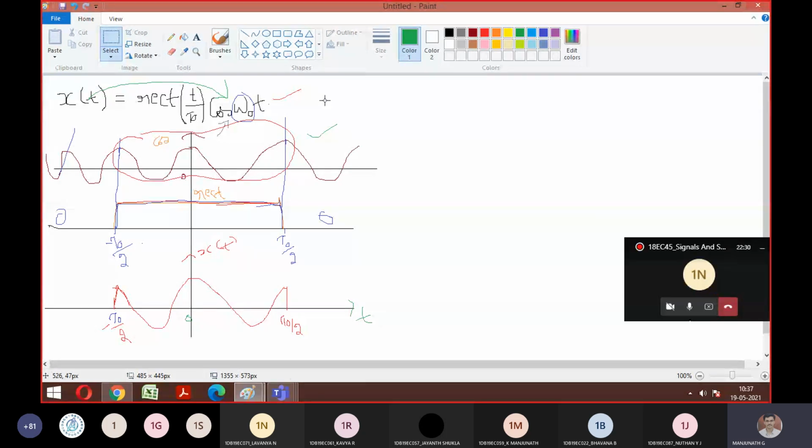Once you prove it is periodic with finite duration, you go to the second step, that is energy. So what is our formula? Energy is equal to integration, since it is continuous time. If it was discrete time, it would be summation. So the integral of magnitude of x of t whole squared dt. Everyone needs to have awareness about the formula. If you know the formula, you can solve this easily. So magnitude square into dt. Now tell me what is going to happen to your limits, guys?